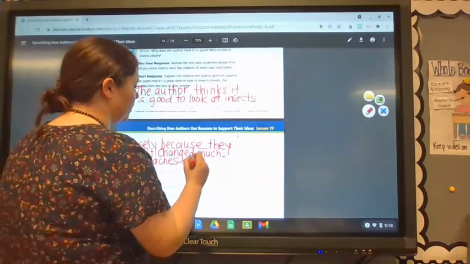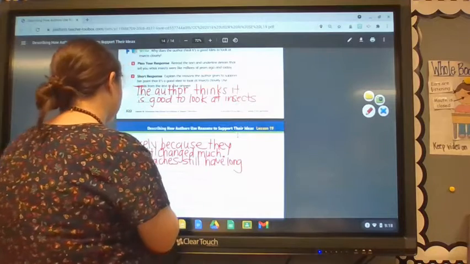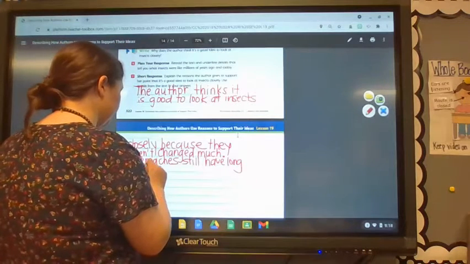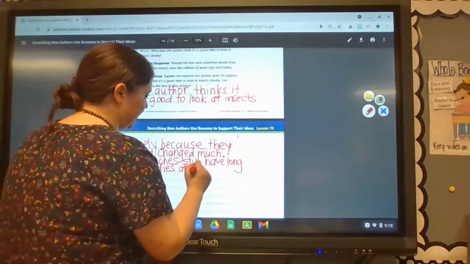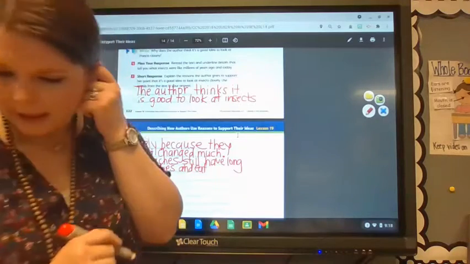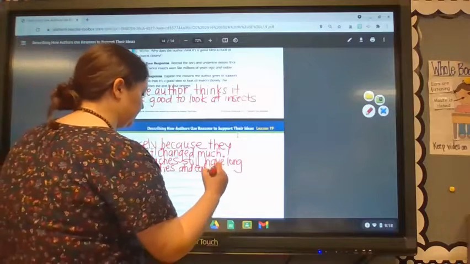Cockroaches still have long, flat bodies and eat. What did it say about them eating? And eat many different things.